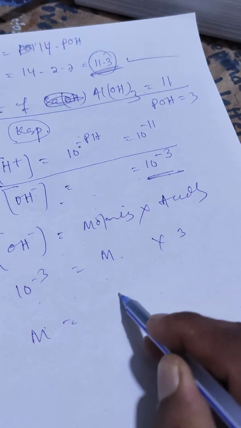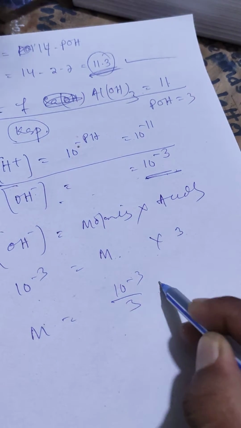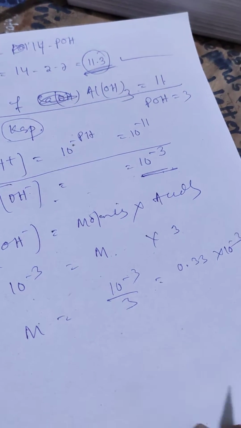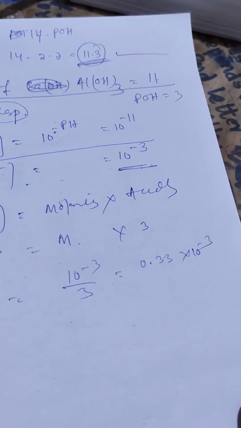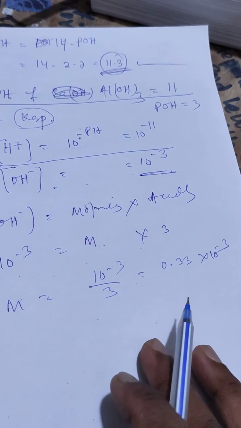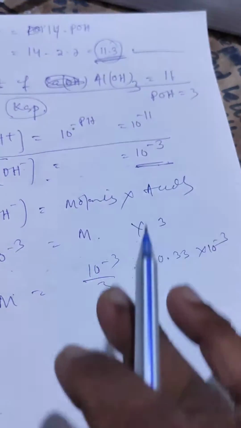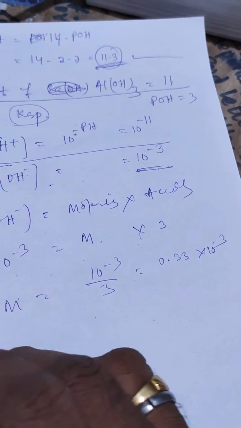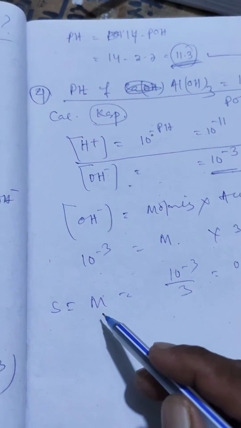The molarity is equal to 10 to the power minus 3 by 3, so that will be 0.33 into 10 to the power minus 3. Clear? So once we calculate the molarity, the molarity of aluminum hydroxide is calculated. That is nothing but the solubility.